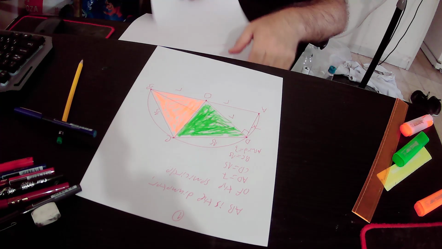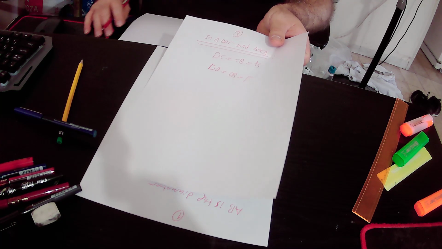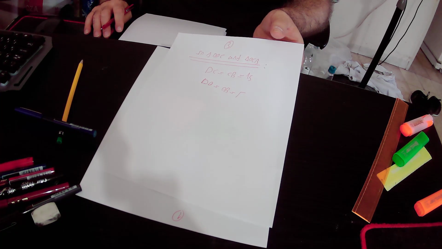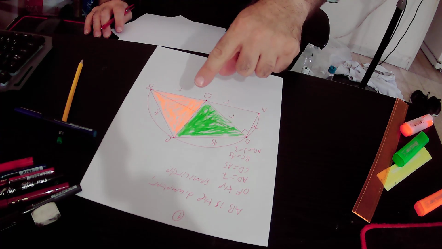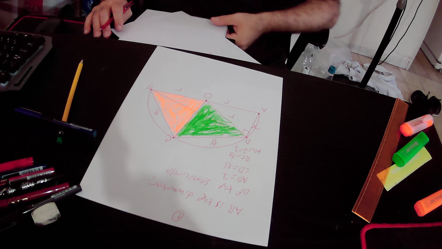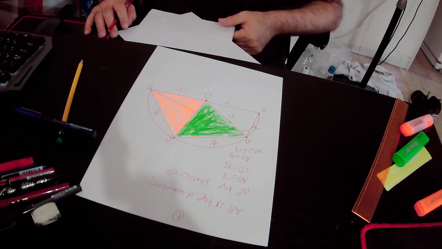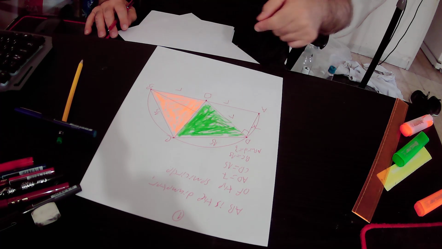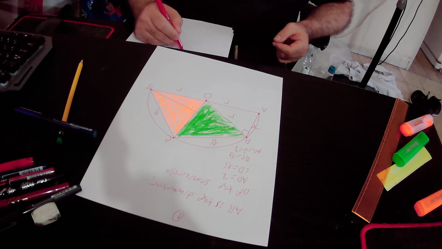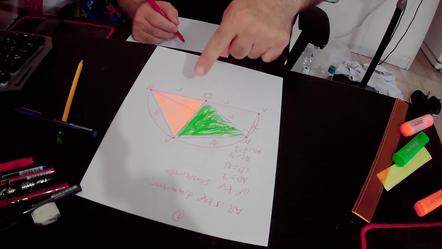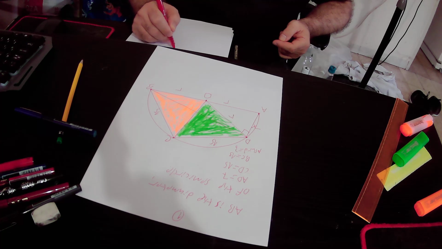So DO equals OB equals R, and also OC is a common side. It belongs both to the green triangle DOC, and to orange triangle OCB. So OC equals OC. It is a common side.